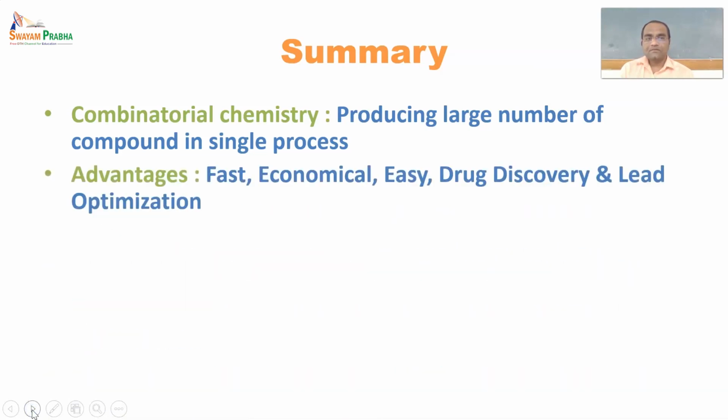After that we saw the advantages of combinatorial chemistry. It is fast because multiple processes are conducted simultaneously. It is economical because hits can be produced faster and faster, and it's easy. After that, it can be utilized for drug discovery, and lastly for lead optimization.